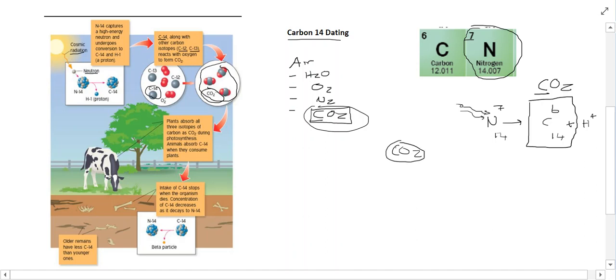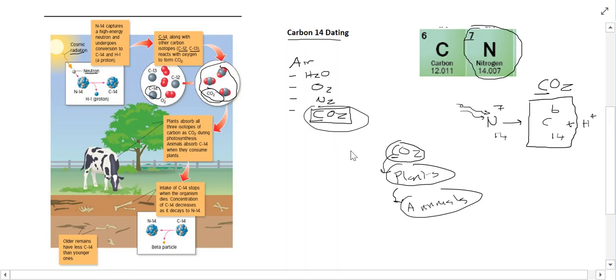This is me, and the carbon that I have is a carbon 14. So that gets absorbed into plants. So now this carbon 14 is within the plant, and then the plants are also consumed by animals. So this carbon 14 isotope is moved around, let's say, from plant to animal.